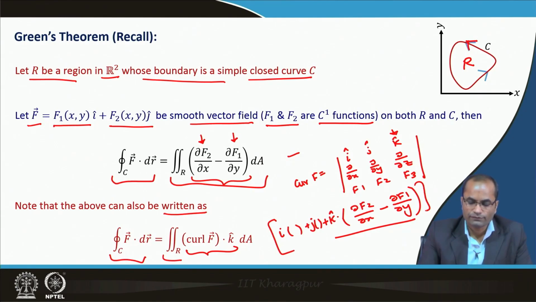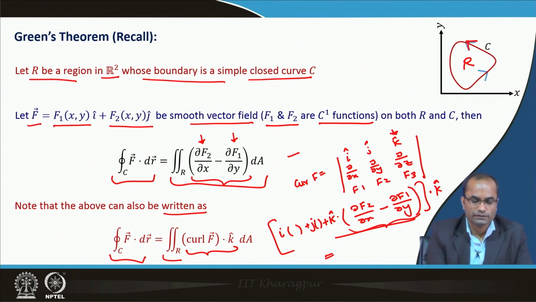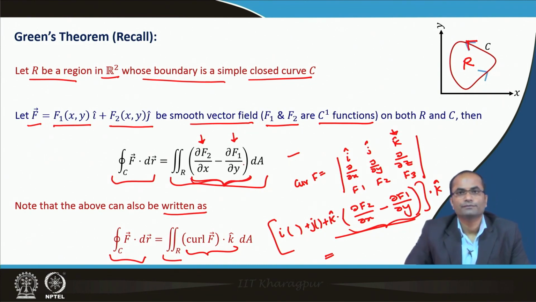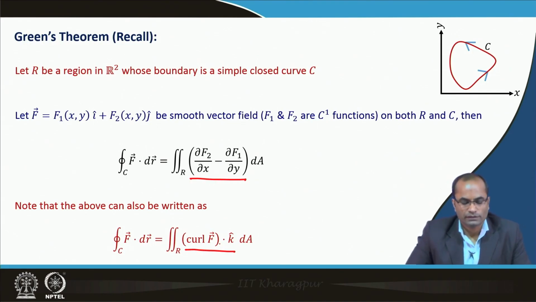So, with this curl f, if we put a dot product with this unit vector k, then we will get del f2 over del x minus del f1 over del y. This is exactly the integrand of this area integral in Green's theorem. So, instead of writing this integrand, we can also write curl f dot product with k.